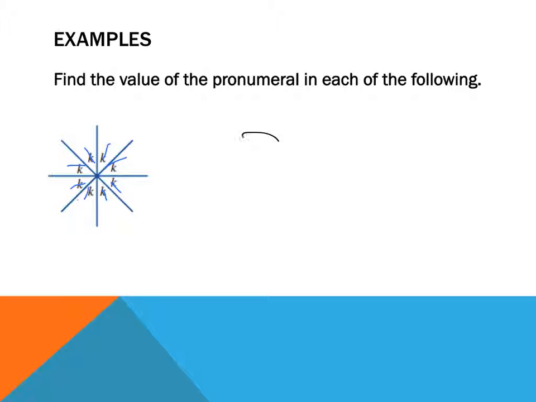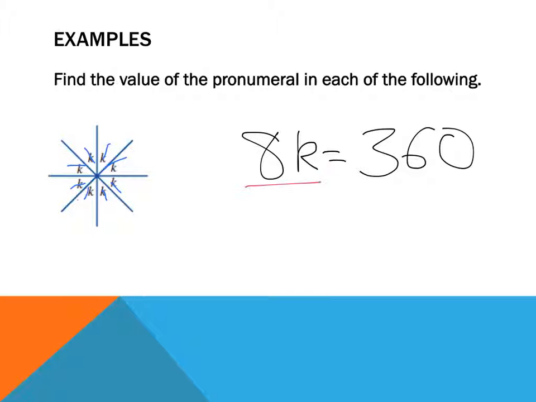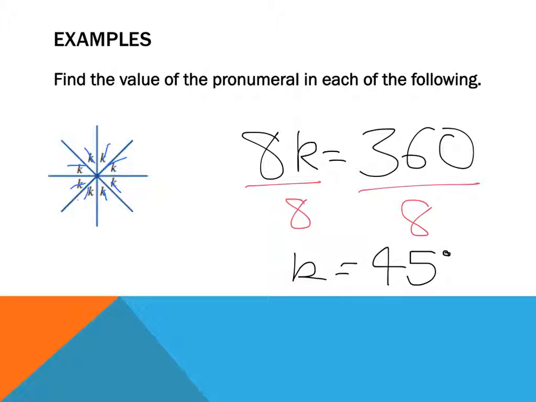I have 8k's. Okay, and if they go around in a whole circle, I know they're 360 degrees. Okay, 360. So to find out what 1k equals, I divide that by 8, and I divide that by 8. So k equals 45 degrees.